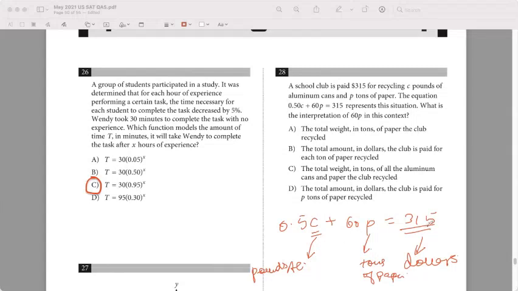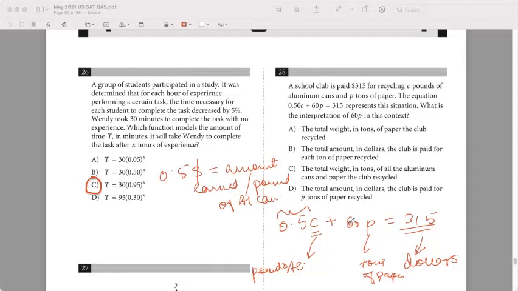So what is the total telling me? That for 1 pound of aluminum cans, the school club earns $0.5. And that is why for C pounds of aluminum cans, it earns a total of 0.5C. So $0.5 is the amount earned per pound of aluminum cans.